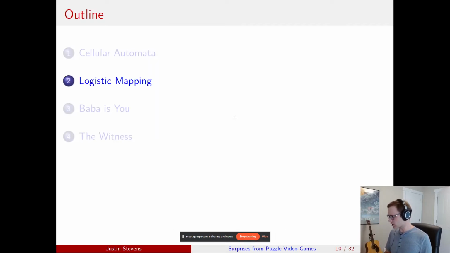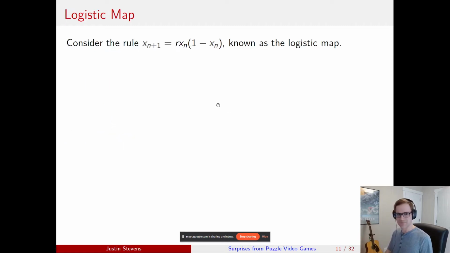Let's talk about one other instance where some very small changes in the dynamics can lead to really drastic outcomes, and then I'm going to talk about the puzzle games that really excite me. So we'll talk about the logistic map really quickly, which is basically something that's used for population growth and for some other applications.